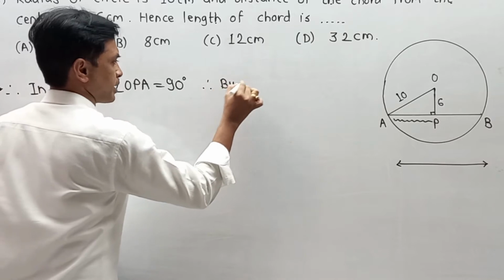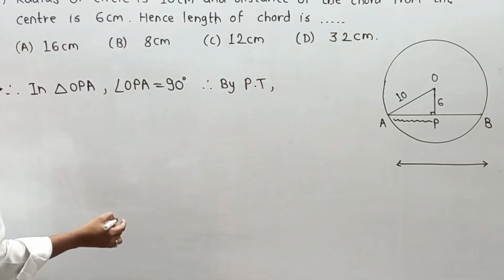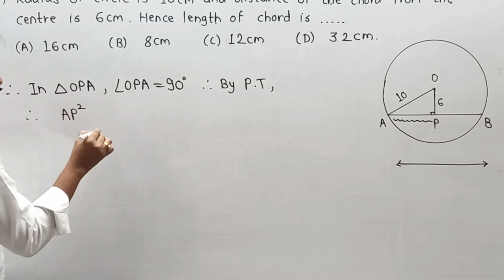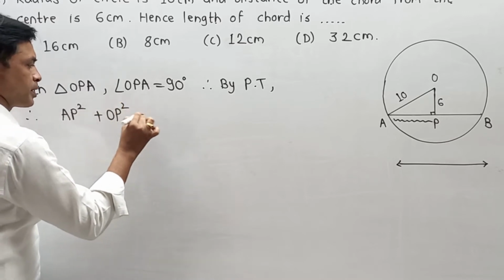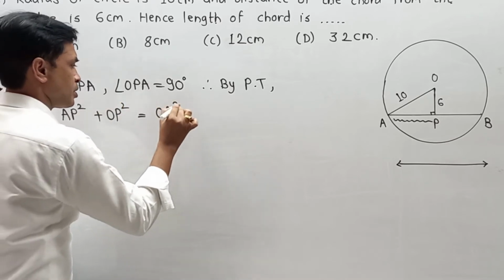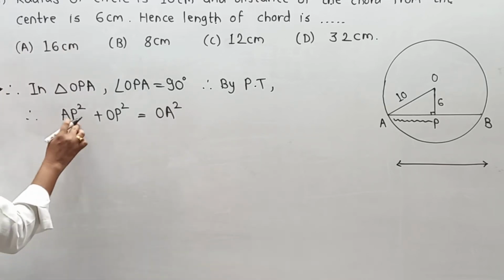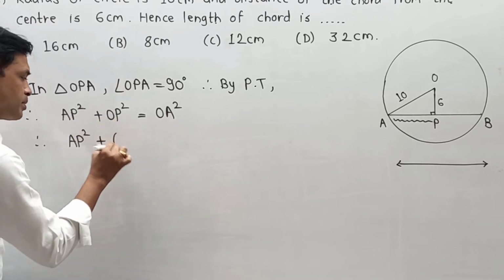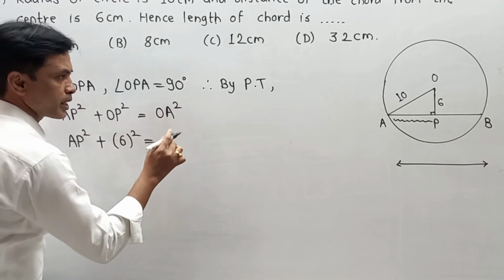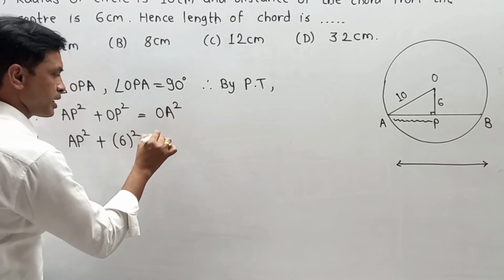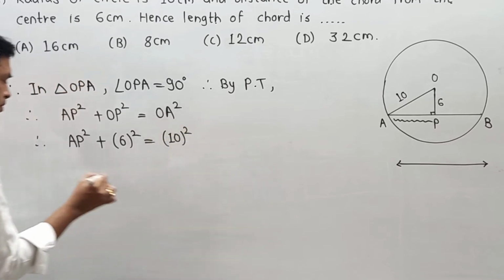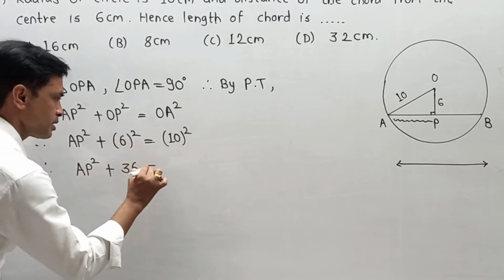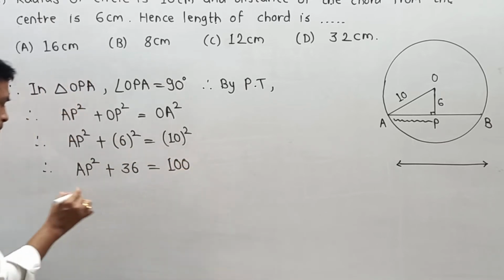Therefore, by the Pythagoras theorem, AP square plus OP square is equal to OA square. So AP square plus 6 square, and OA square is 10 square. Simplifying, AP square plus 36 is equal to 100.